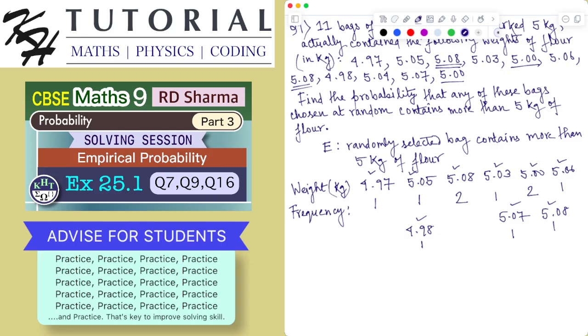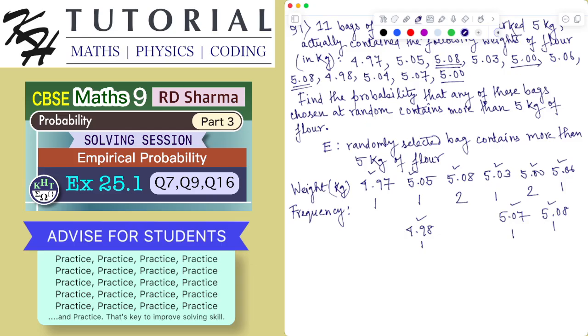So there are 9 possible outcomes of the experiment. What is the experiment? The experiment is that you randomly select a bag and see how much wheat flour it is containing, and the weight will be one of these 9 unique weights. So there are 9 possible outcomes.